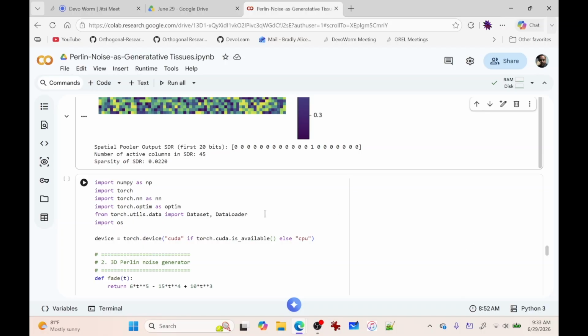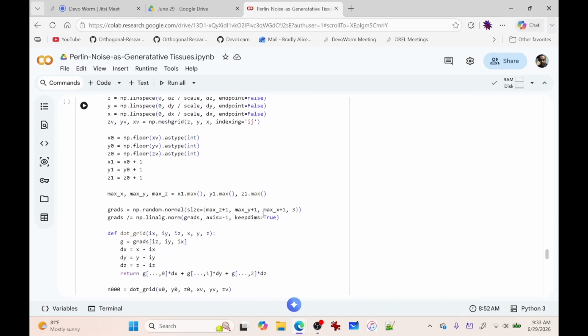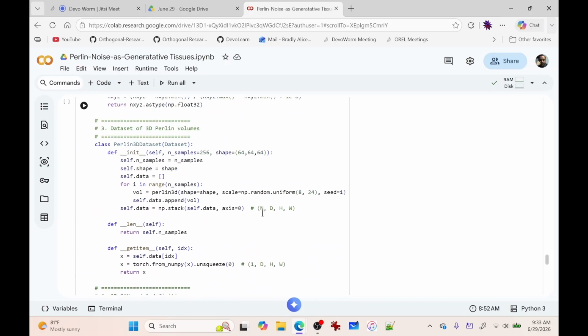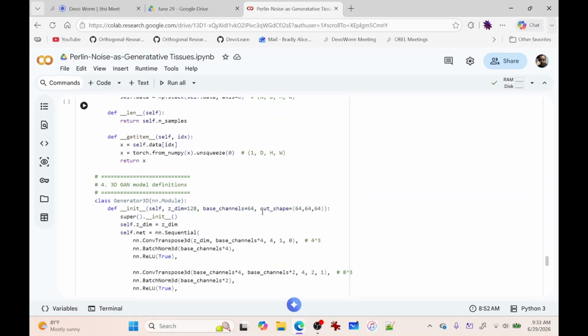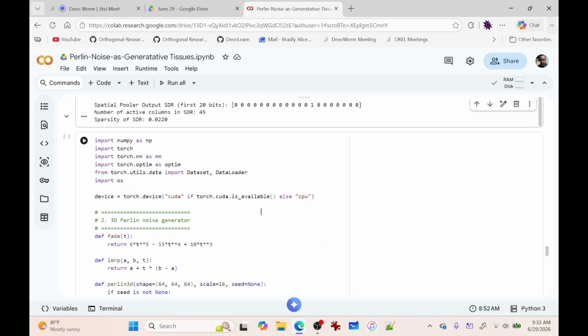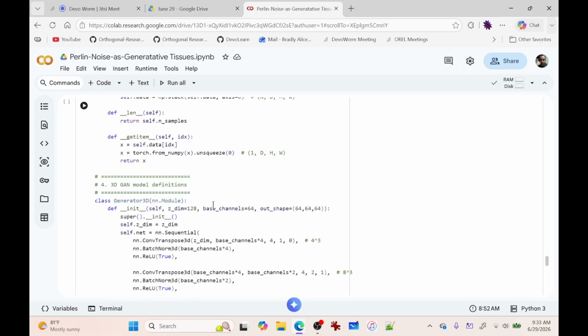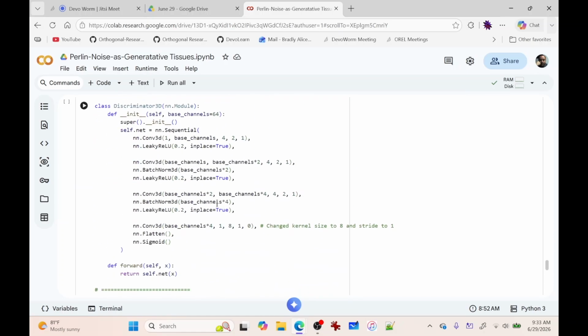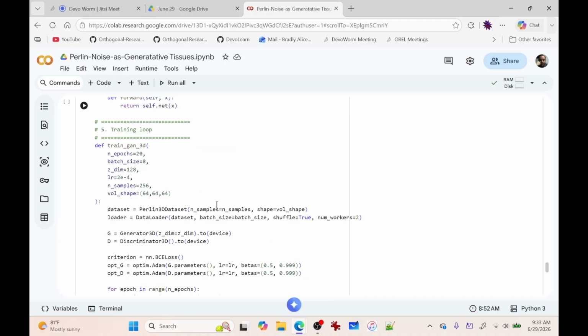Okay, so then we have this 3D Perlin Noise generator. And what we're doing here, I believe, is our GANs. So this is where we're building a GAN, a three-dimensional GAN. Now I haven't finished this. This is not giving me an output right now. This is where we have our generator and our discriminator, where we're taking our training set, which are the Perlin Noise images, and we're training our model on it.